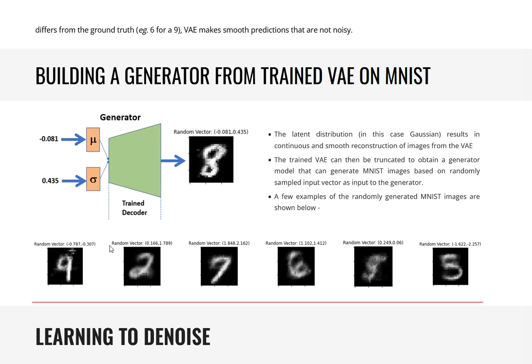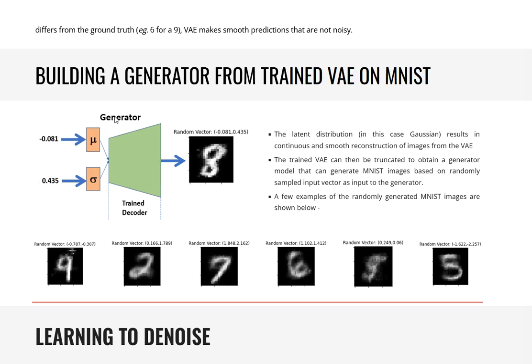Similarly, when you try different random vectors, there are infinite combinations you can provide as input, and you get quite a lot of different and varying MNIST-like images as an outcome.